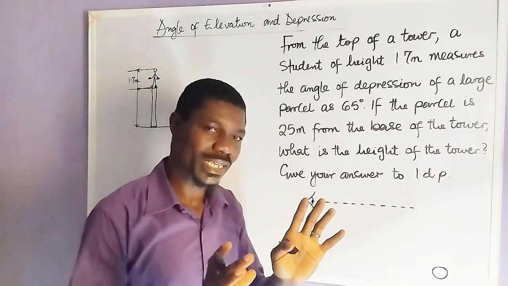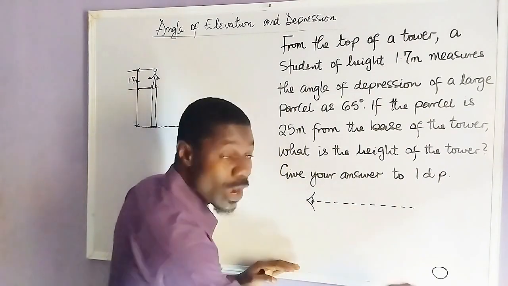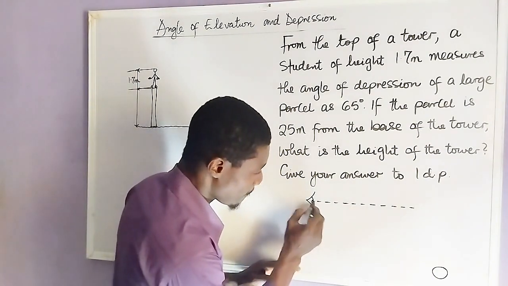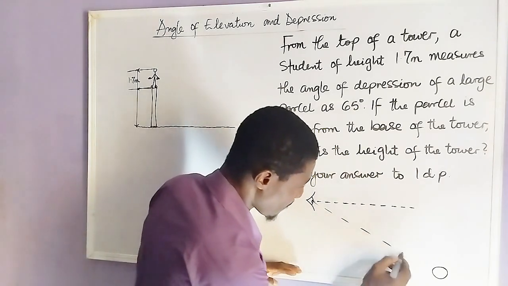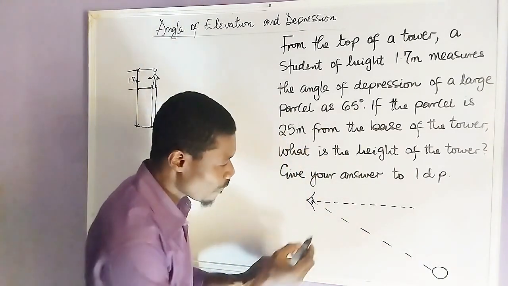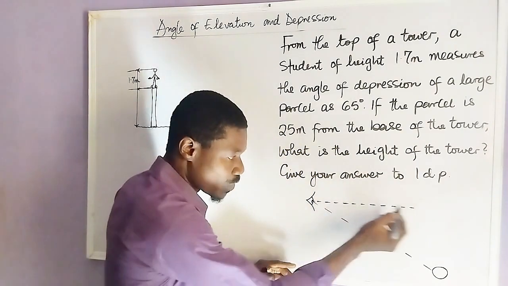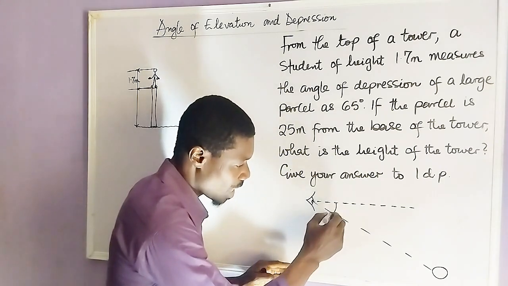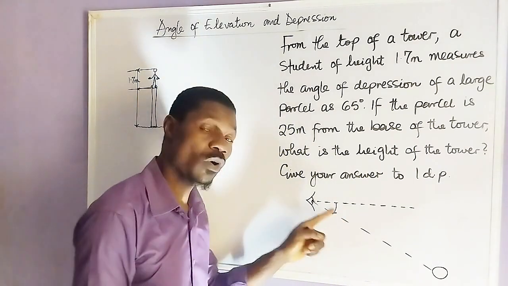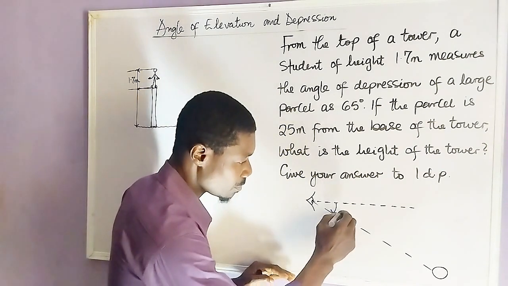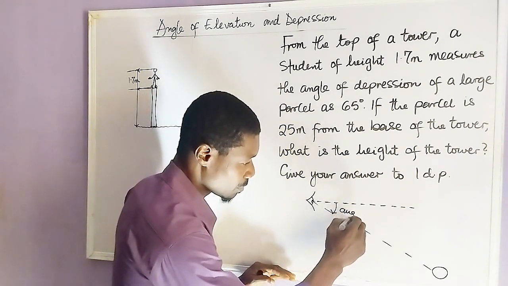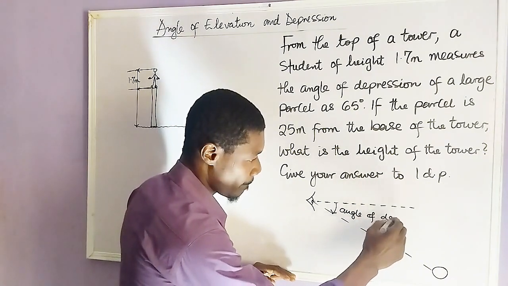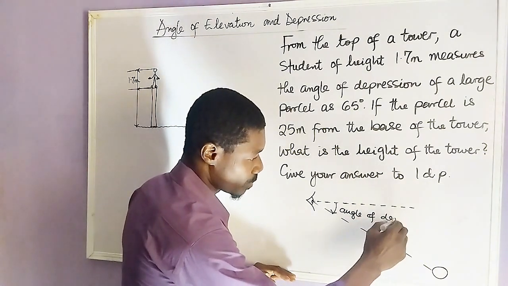You will definitely look downward, right? So from this horizontal eye view initially of your eye, down here is what we call the angle of depression.